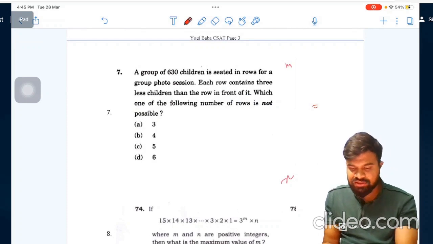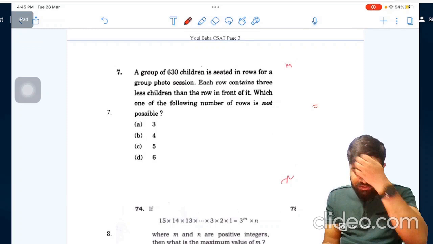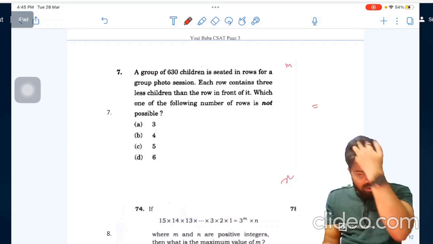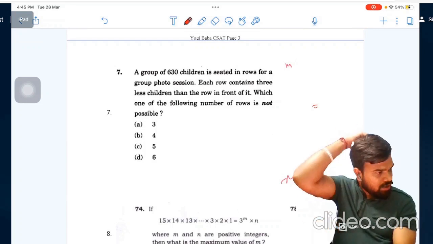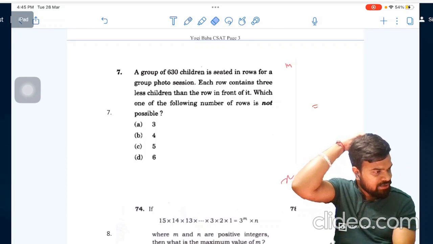See, this question is quite a tricky one, I would say, because there is no easy way to do this apart from using all the options. Apart from using all the options, there is no easy way that I have found to do this kind of question.